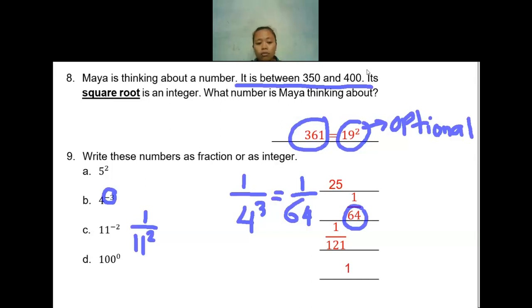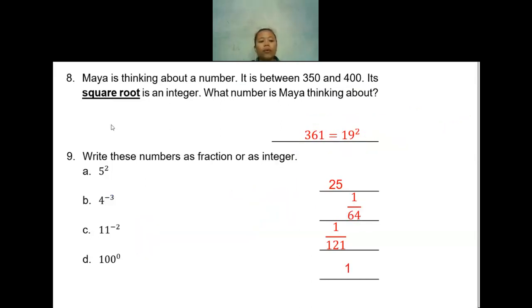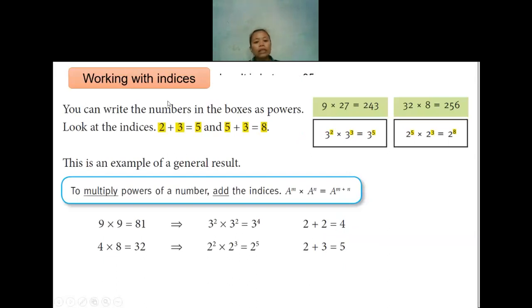Okay, no question? If you have no question, then I will continue to question 10. But before moving to question 10, I will explain more about indices. When we have indices, you know that 9 is equal to 3 to the power of 2.